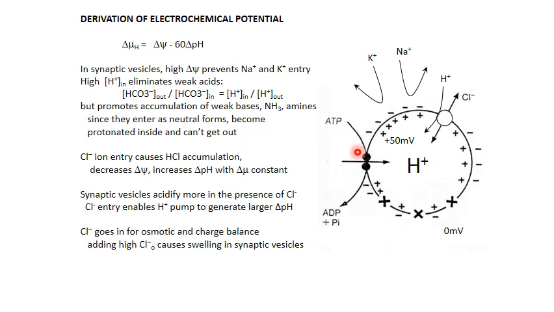But as it does, it would, for charge balance, decrease delta psi, but it will increase delta pH, and therefore the overall electrochemical potential would not change with more chloride entry. But chloride becomes a very important counterbalancing ion. If in an isolated synaptic vesicle or granule preparation, high extra-granule chloride were applied, that could cause the vesicles to swell.